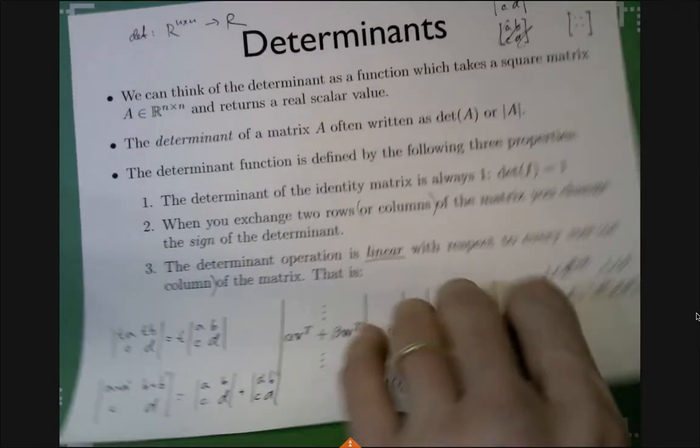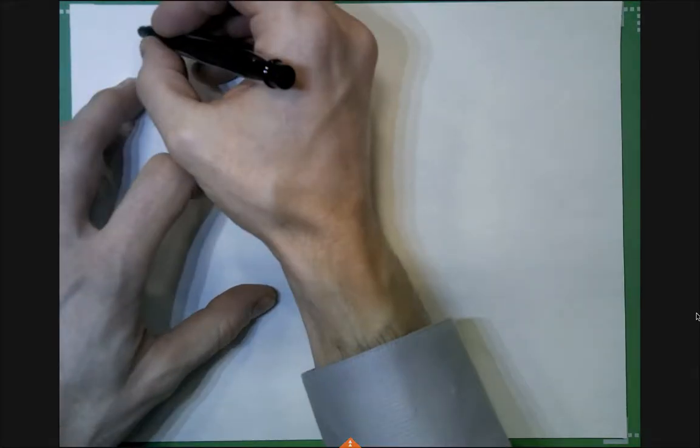Okay, so from these three defining properties, we derived lots of properties that logically follow from them. Like if the matrix has two rows which are identical, then the determinant will be 0, right? The most important property I would like you to definitely remember is this one.